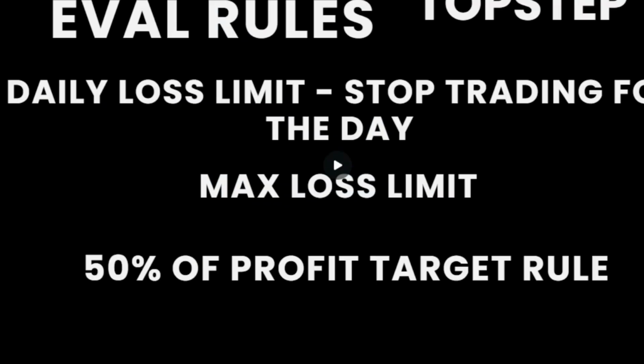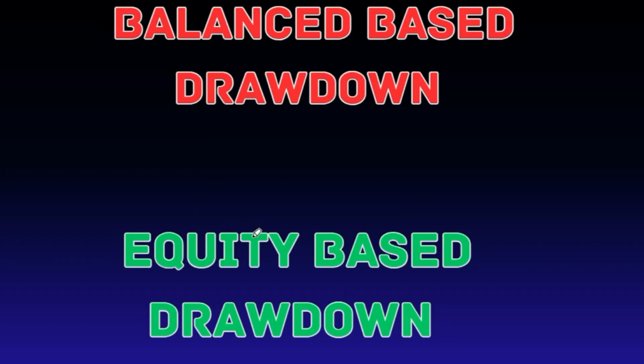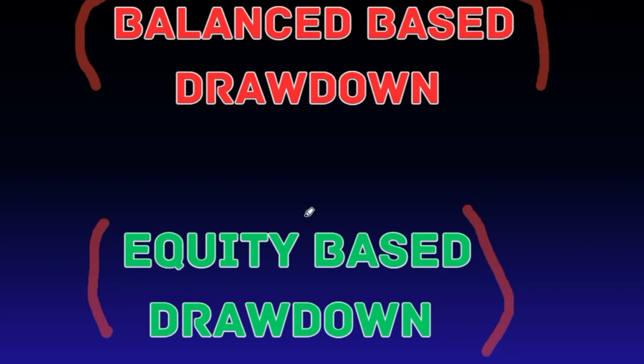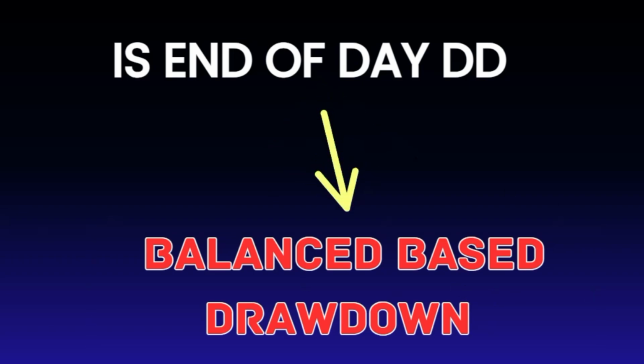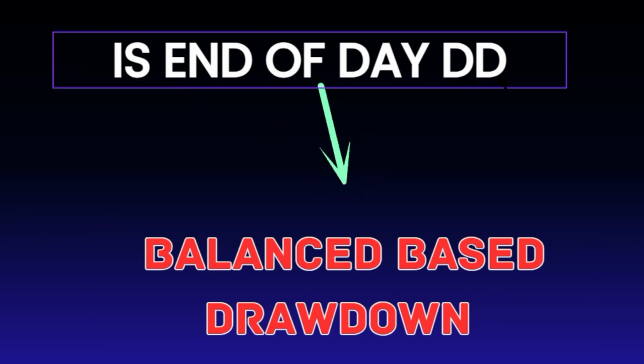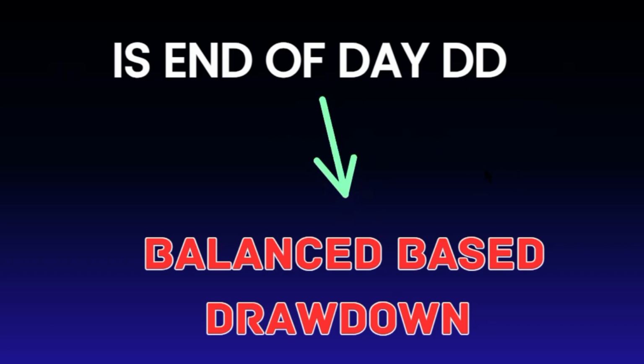A lot of you guys from the Forex land are used to these terms. So after I go through this, let me know in the comments if you knew this or not. So balance-based drawdown is what you're used to hearing, right? And you're used to hearing equity-based drawdown. So your balance-based drawdown is just an end-of-day drawdown. That's all it is. It is what we would refer to as end-of-day drawdown, end-of-day trailing drawdown.